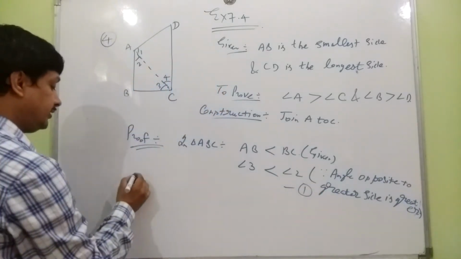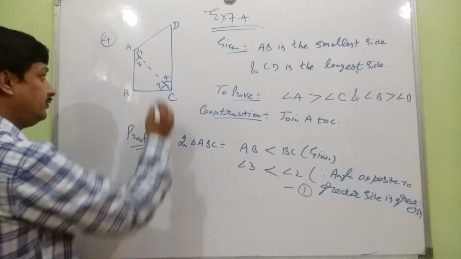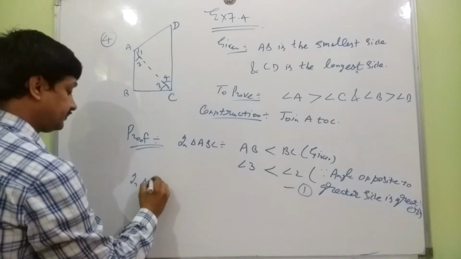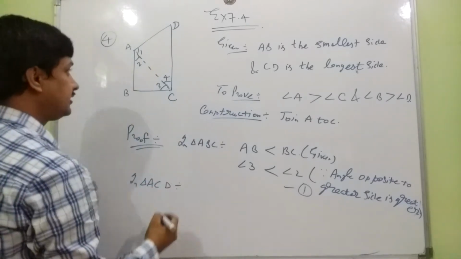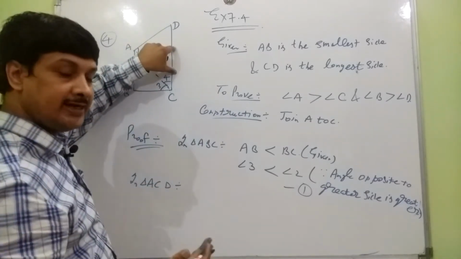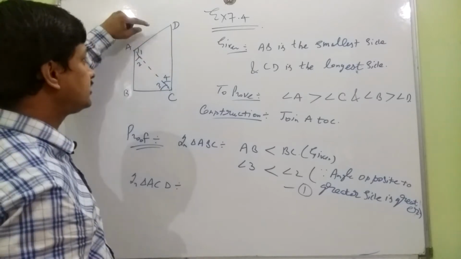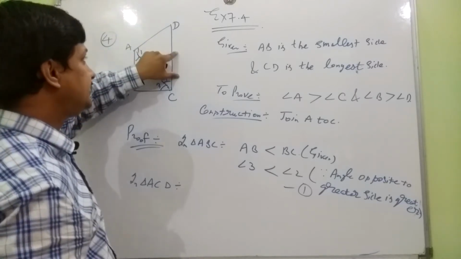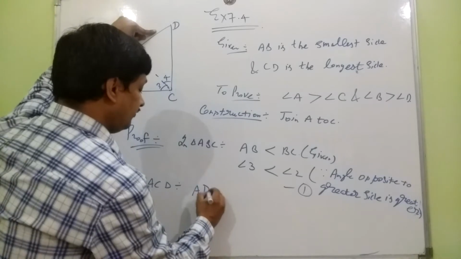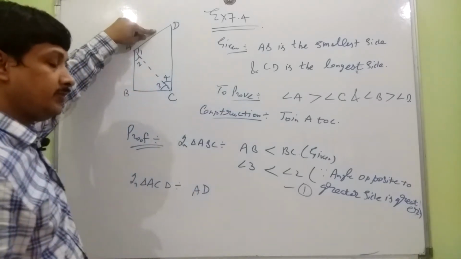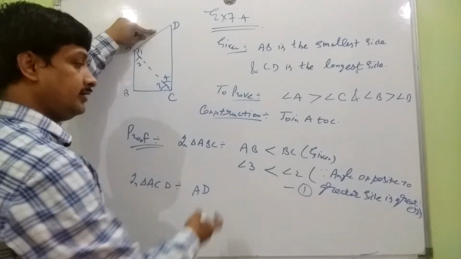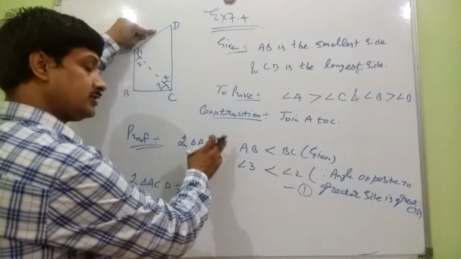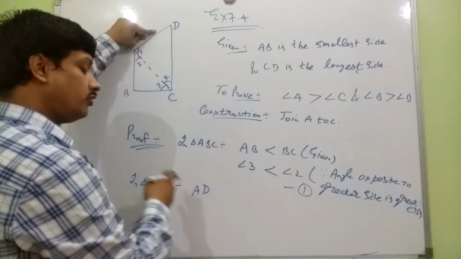We can save it. Now in another triangle, which is triangle ACD, you know CD is the longest side. So what is the smaller side between AD and DC? AD will be the smaller side. We write the smaller side first, because we wrote the smaller side first in the first case also. So we have to follow the pattern.